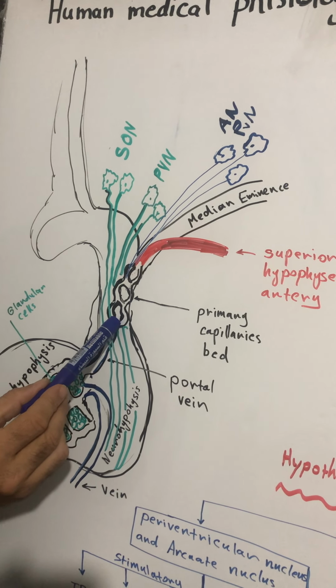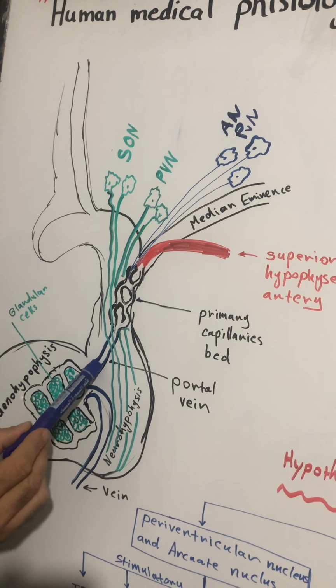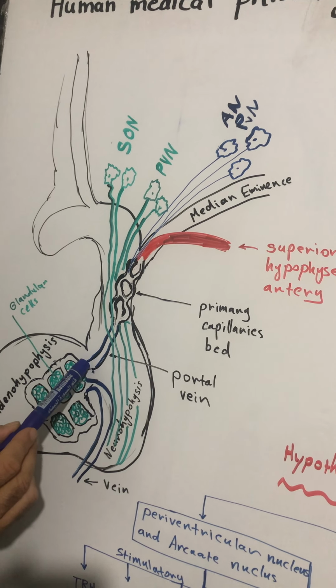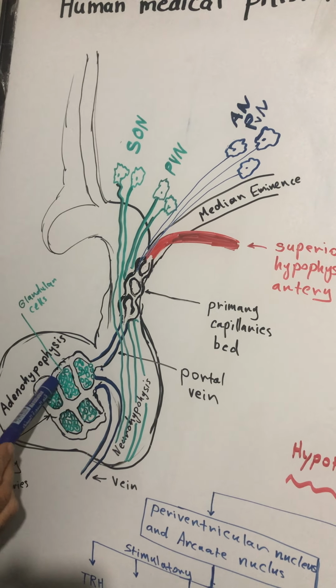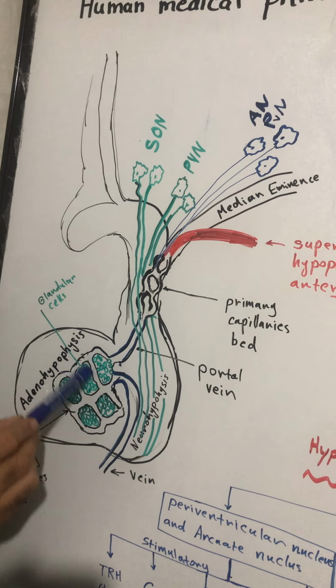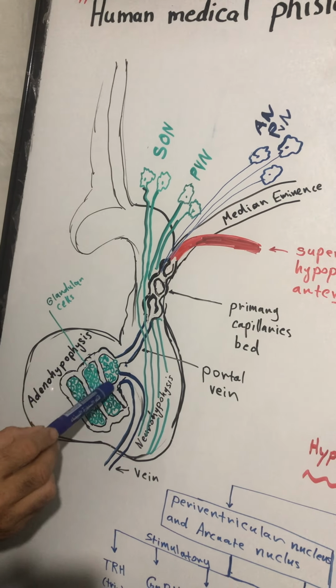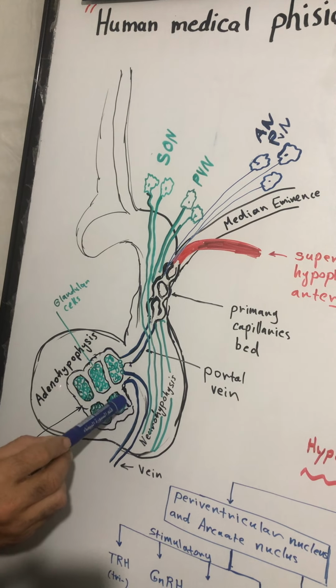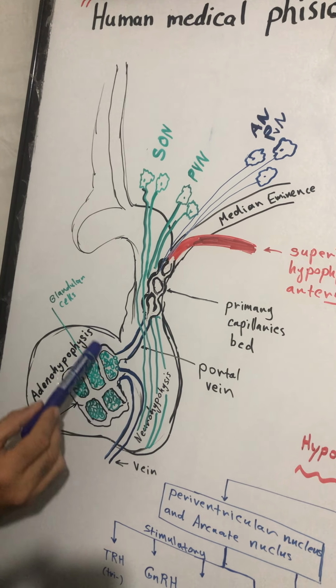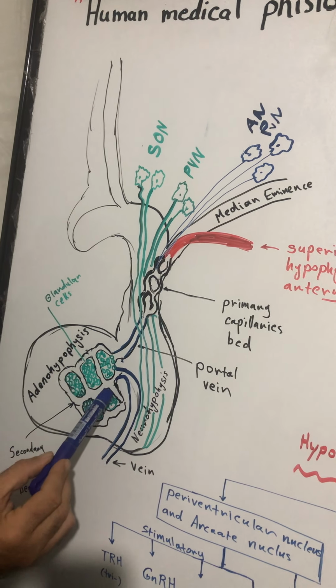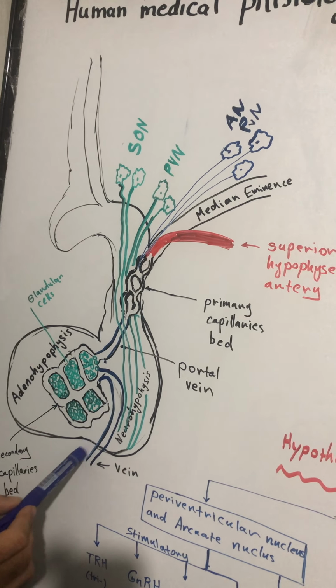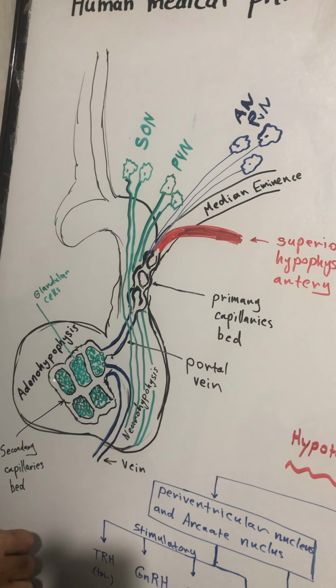After that, those capillaries pour into a portal vein, which will pour later into a secondary capillary bed that surrounds the glandular cells of the anterior pituitary gland, and lastly into a vein that will go to the circulation.